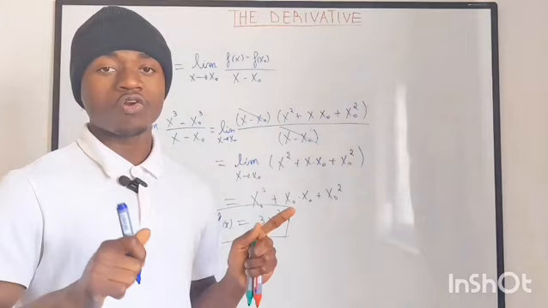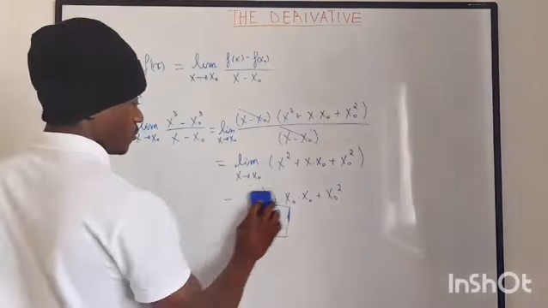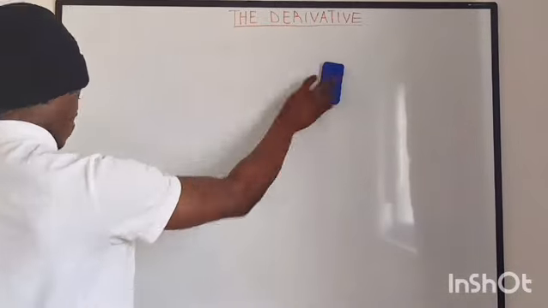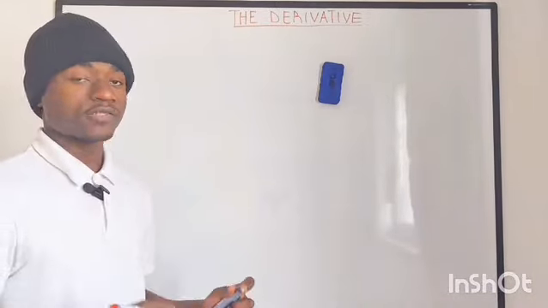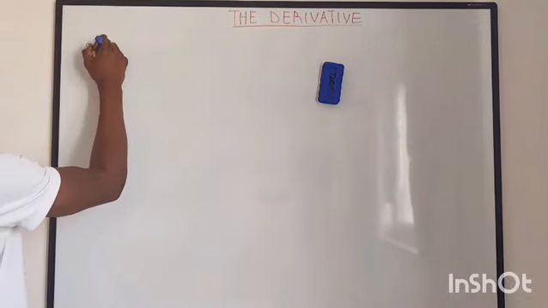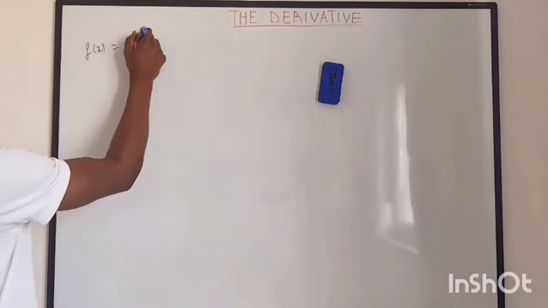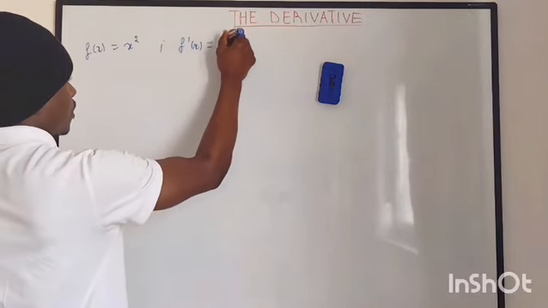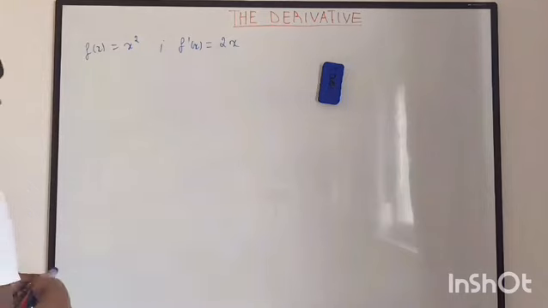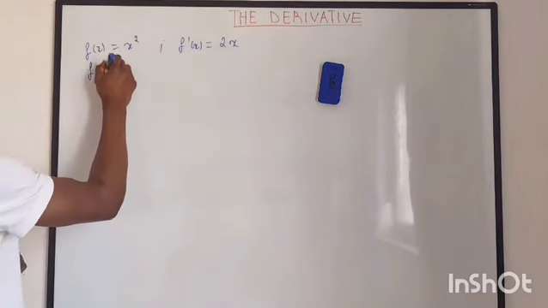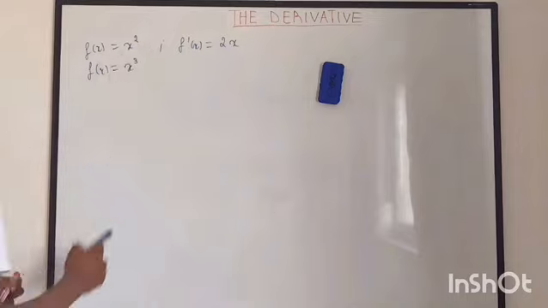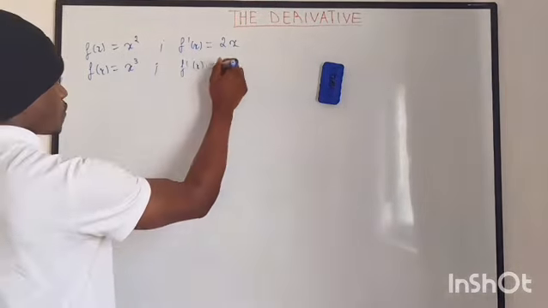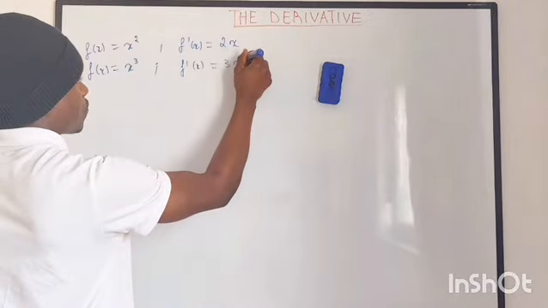If you've paid attention, you may have noticed something. For the derivative of x squared, we had f(x) equals x squared, and the derivative was f prime x equals 2 times x. Now we also found the derivative of x to the power of 3, and as a result we had f prime x equals 3 times x squared.